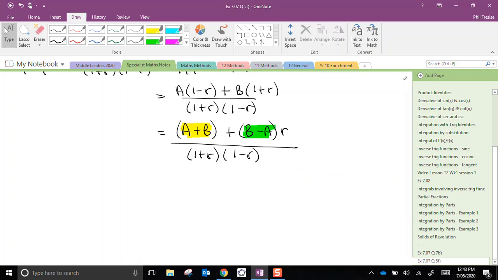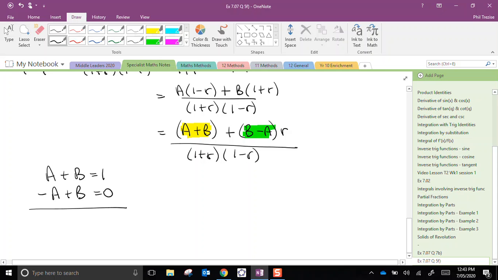So let's just solve those. a plus b equals 1. I might write negative a plus b equals 0 to make it convenient. Adding these expressions, I would have 2b equals 1. Well, that implies that b equals 1/2, and if b equals 1/2, then looking here, a plus b equals 1 also implies that a equals 1/2.